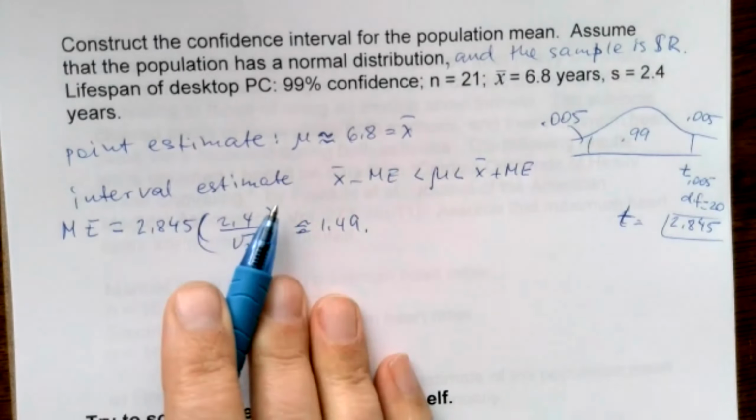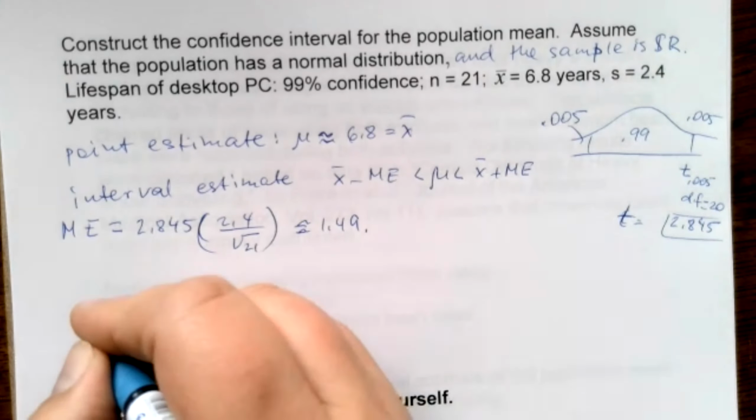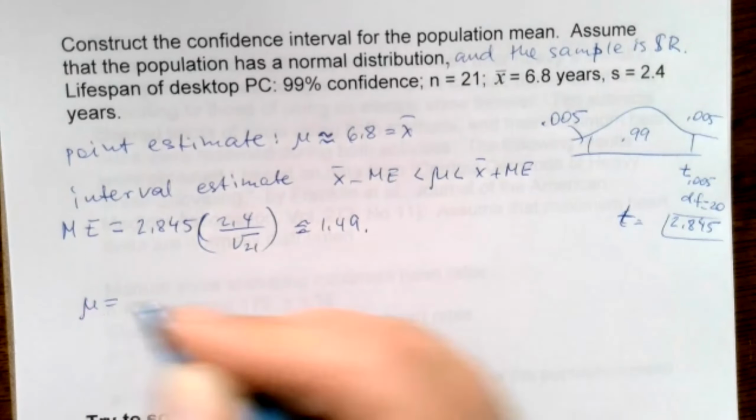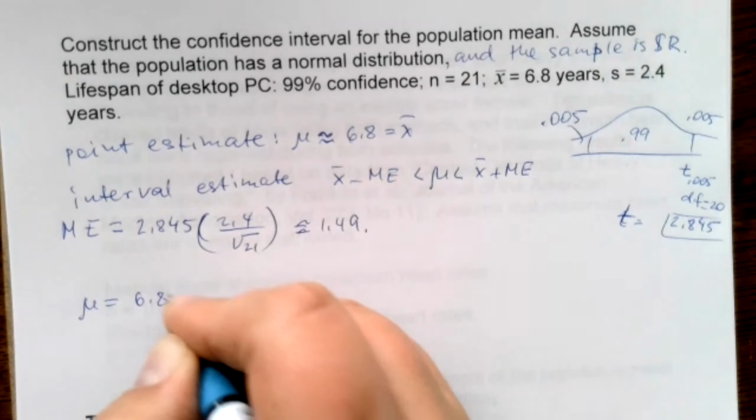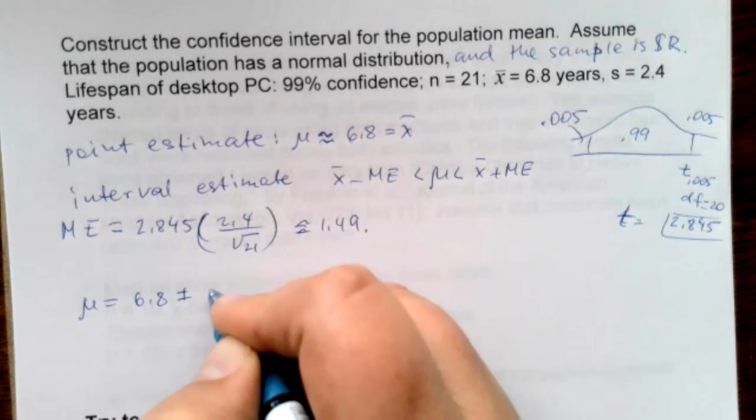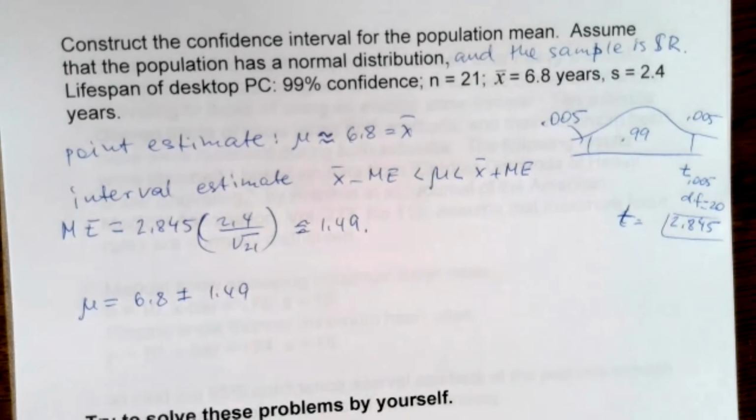So my interval estimate is going to be mu is 6.8 plus or minus 1.49.